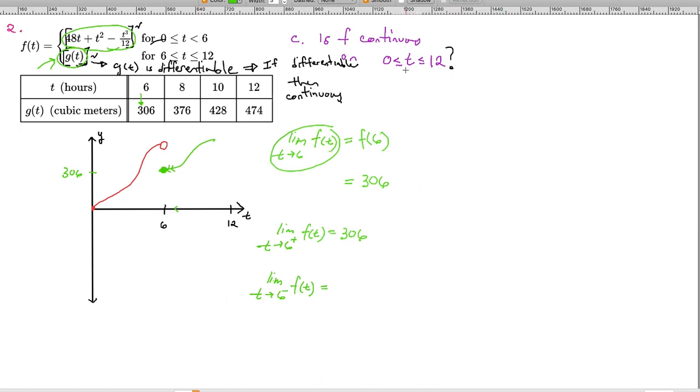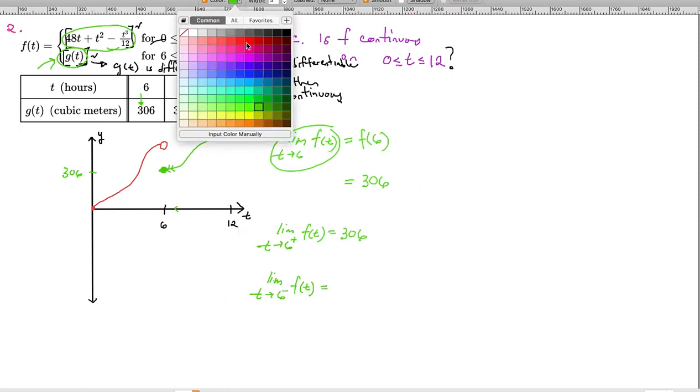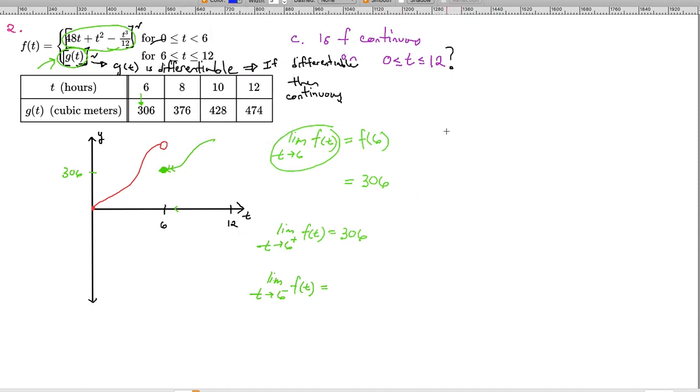If I plug in 6 into this polynomial, let's see if I do my arithmetic correct, because I'm horrible at arithmetic: plus 6 squared minus 6 cubed over 12. Find out what this value is. Take your time with this value. 48 times 6, 48 is 8 times 6, right?